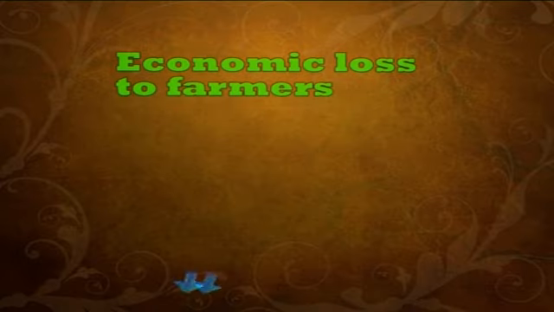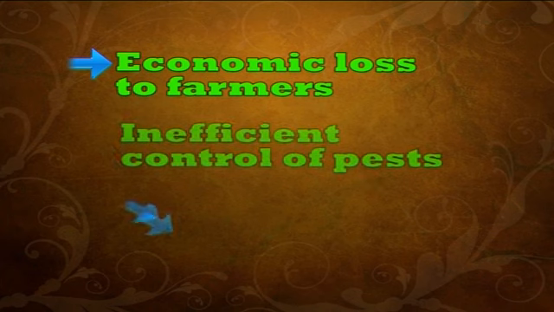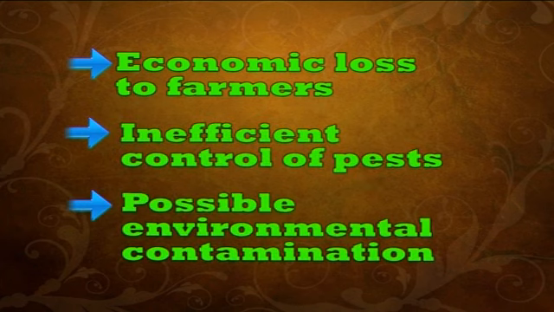Movement of pesticides from the sites of application to non-target regions creates three problems. It represents an economic loss to farmers, inefficient control of pests and possible environmental contamination. To make better understanding of the subject, the topic can be studied in the following subunits.